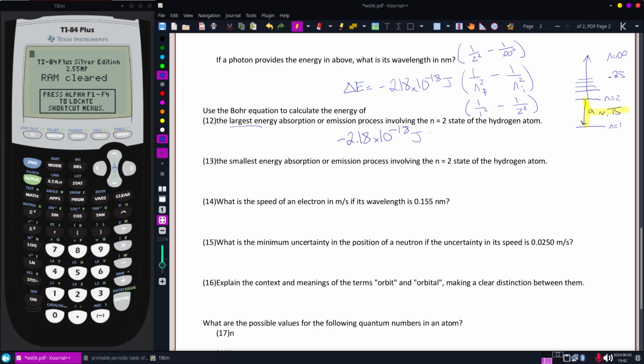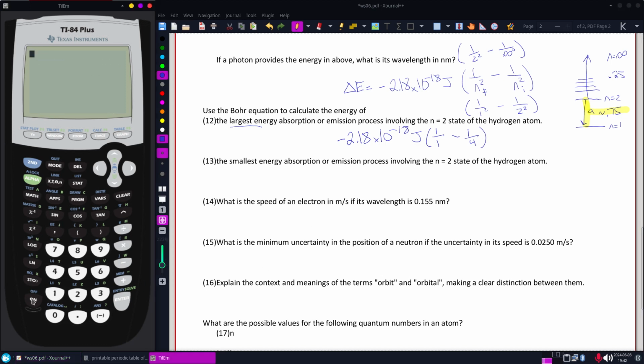So I'm going to calculate what I get when I multiply that by that 2.18 times 10 to the negative 18th. I'm going to put the values in here for that jump, which matches up here. Oh, got my calculator on here. So negative 2.18 times 10 to the negative 18th times, in parentheses, 1 minus 1/4.